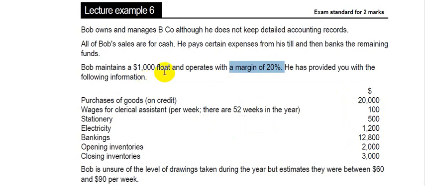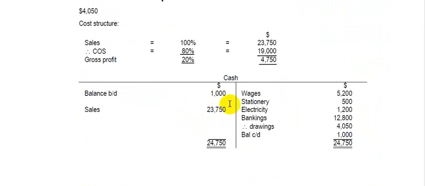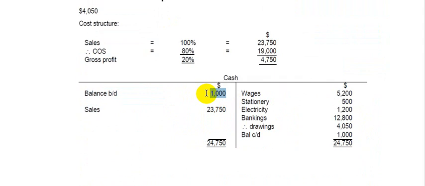So we can start by opening the cash account. The opening balance will be the float of 1,000. So we bring in the opening balance 1,000. We said that will be also the same as the closing balance 1,000.